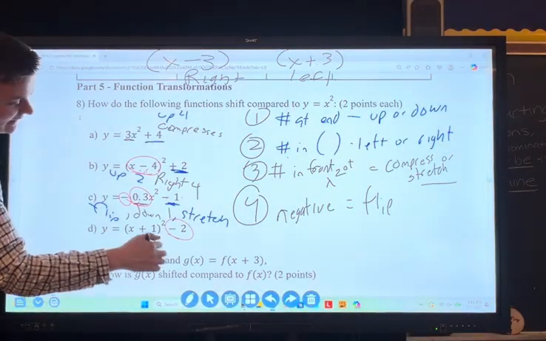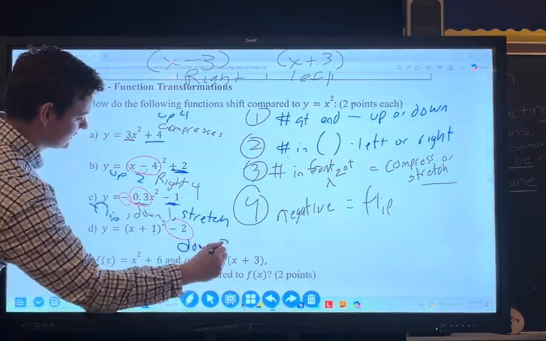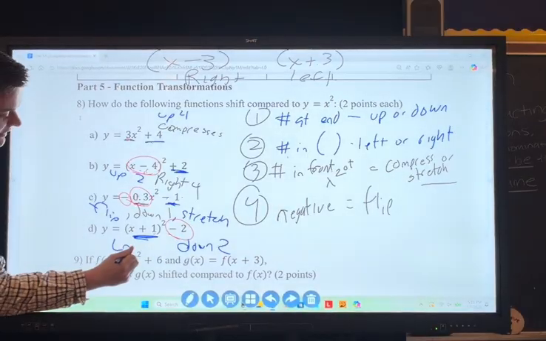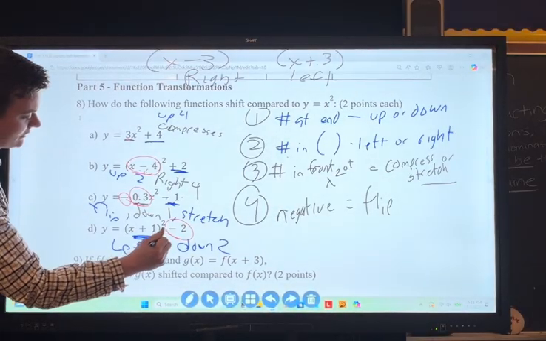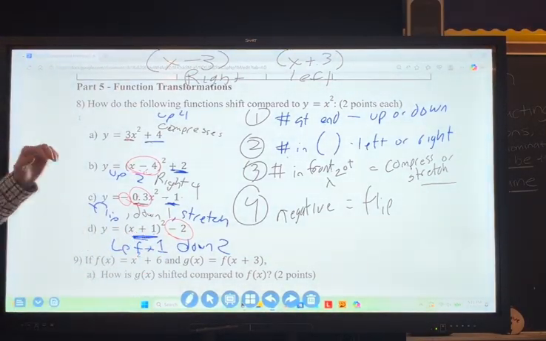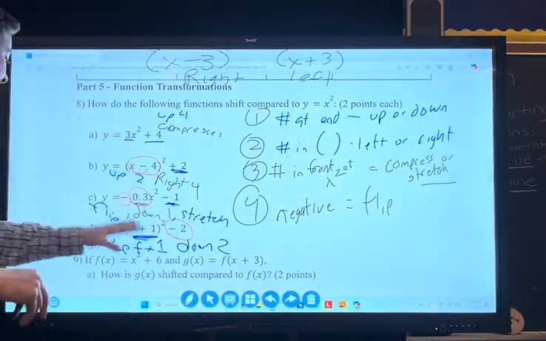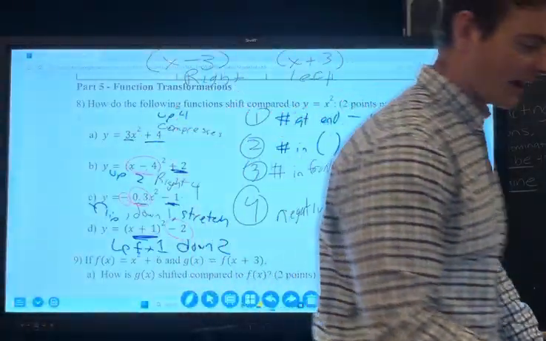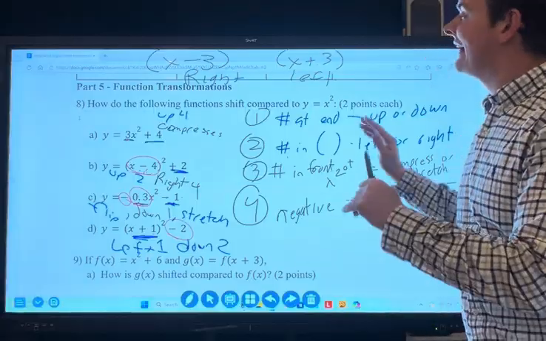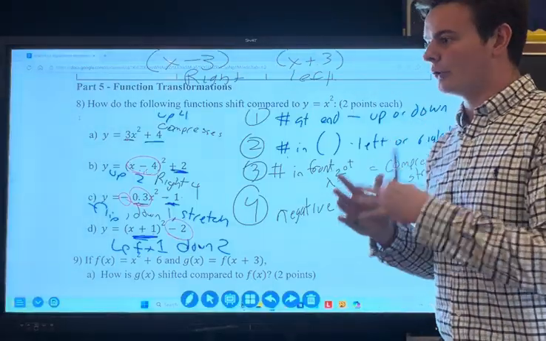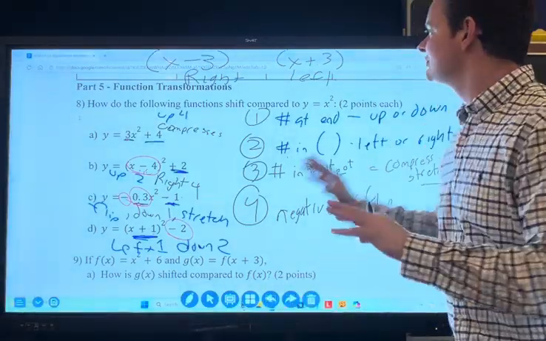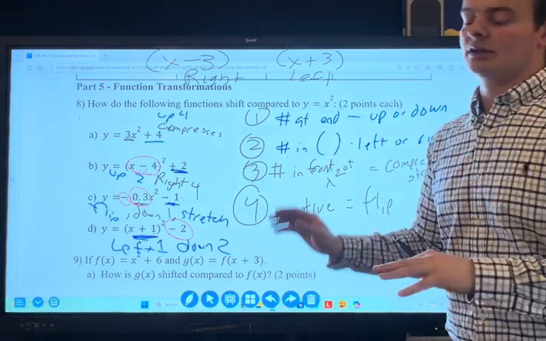Lastly, down 2. X plus 1, that's left 1, because it's plus 1, I think negative 1, left 1. Okay, cool. That's also like part 3, where it's mostly just memorizing these rules.